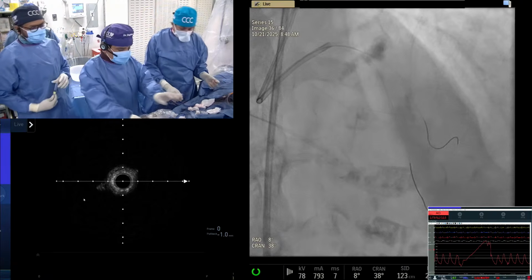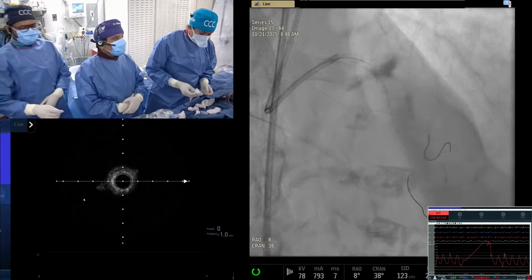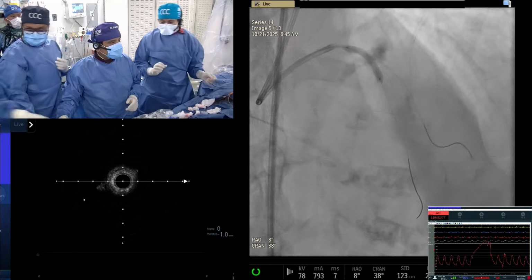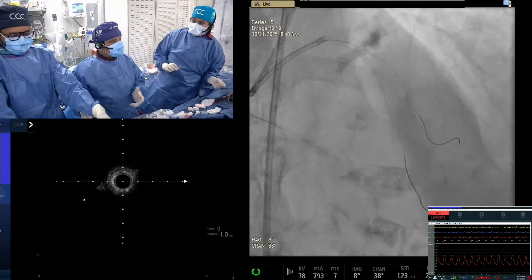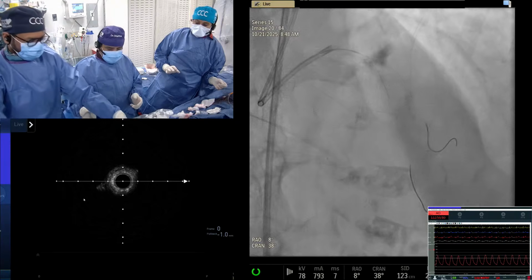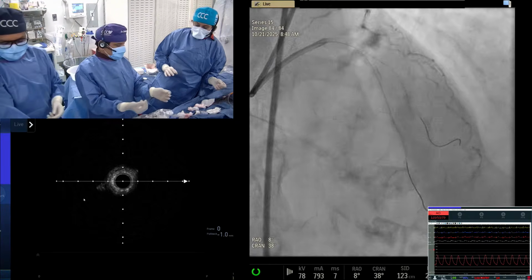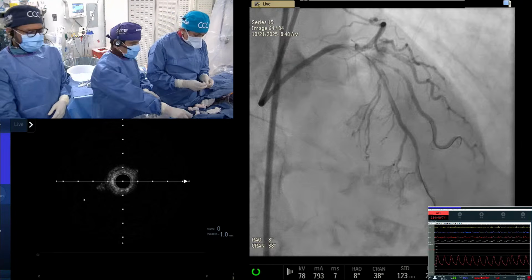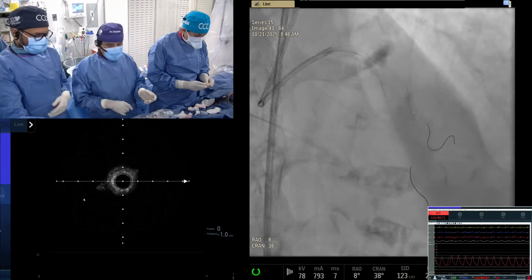Pretty nasty decision in the mid LAD also, after the diagonal. No, I would not say there is no learning curve in IVL, because one, you have to use the right size balloon, for which imaging is always a must. So you have to understand imaging and the calcium before you say, okay, I will use IVL based on angiography. Though the company says that even if you are going to an area with mild calcium, it's okay.